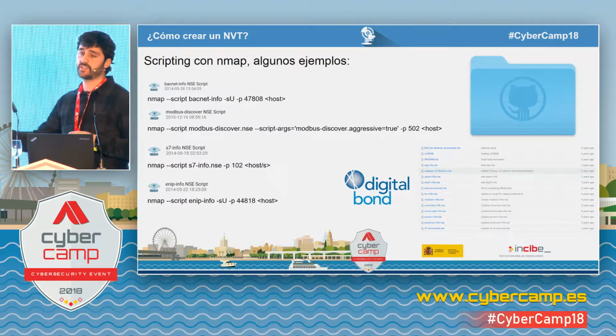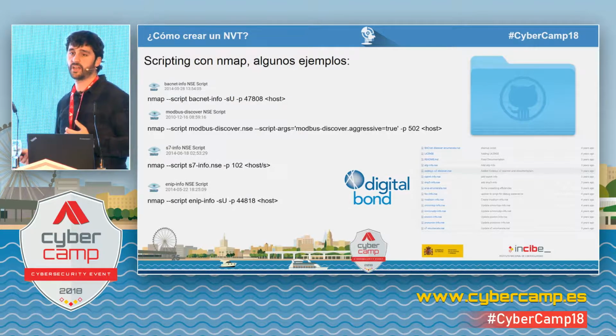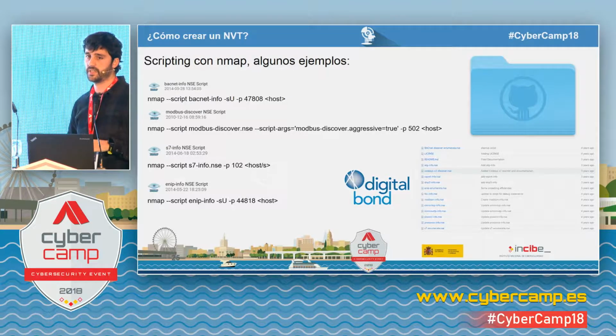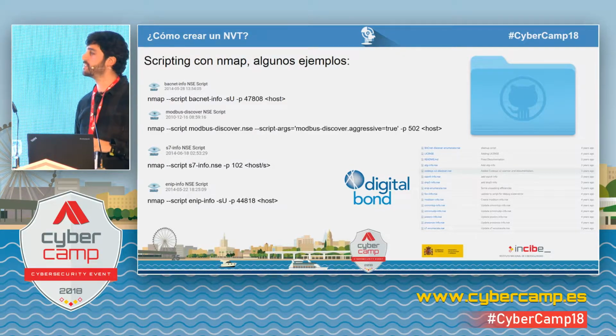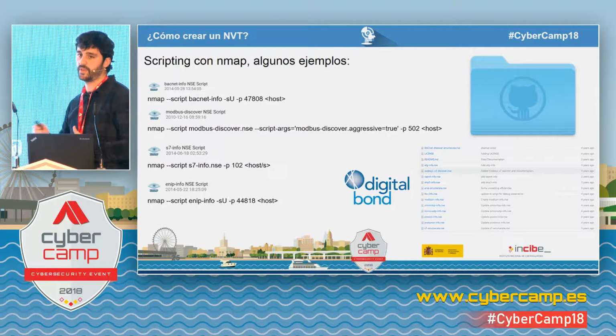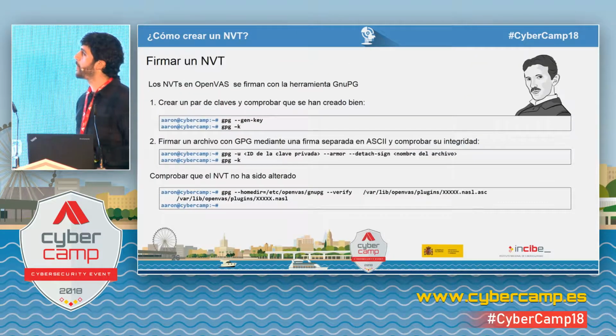This is a GitHub of Digital Bond, including these scripts as well as many others. You can play around with them. Go through Nmap, but be careful with what you go to, because if it is a real industrial device, you may get into big trouble.